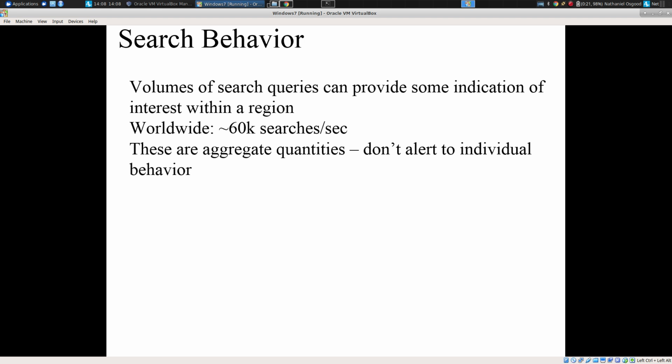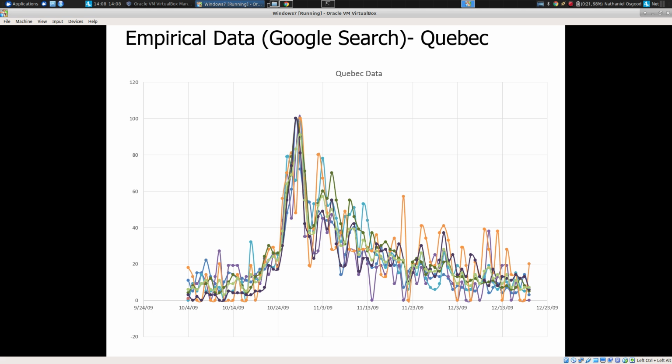Okay? And within a given region, you'll very commonly find large volumes of searches within the course of a day. They are aggregate quantities. They don't tell us which person searched for it. Was it one person searching 1,000 times in the same day? Or was it 1,000 different people each searching once in the same day? But it does give us some sense of level of interest.